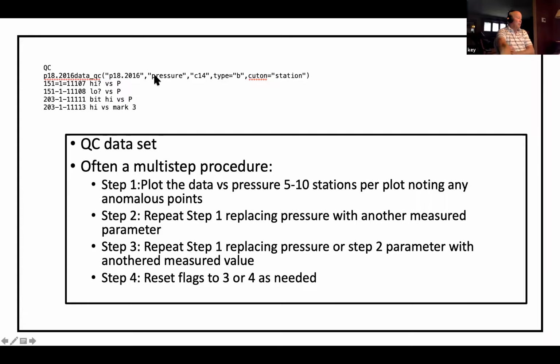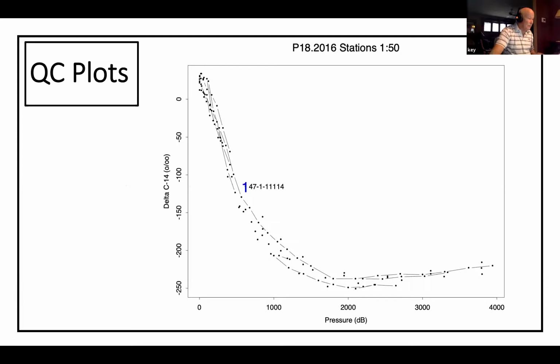The other thing, going through this, when any sample that I flag, so here's an example of some of these data. And I found one point that you cannot see, but it's underneath that blue one. I click on it and it tells me that station 47 cast 1, and in this case, this is the real bottle number, not the sample, not the position number.